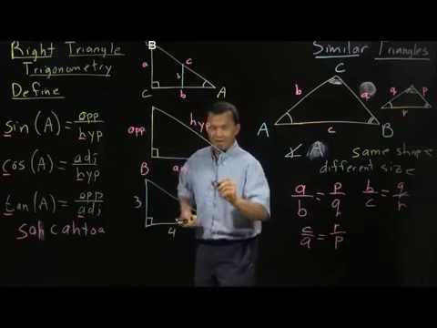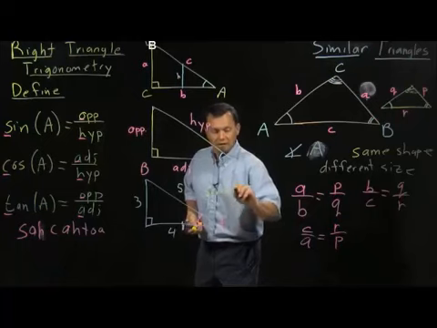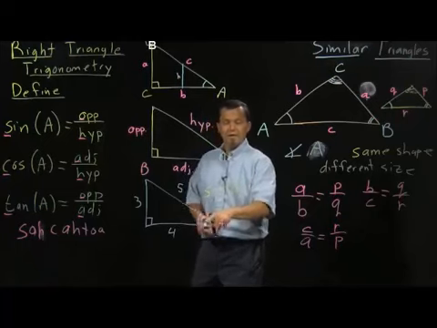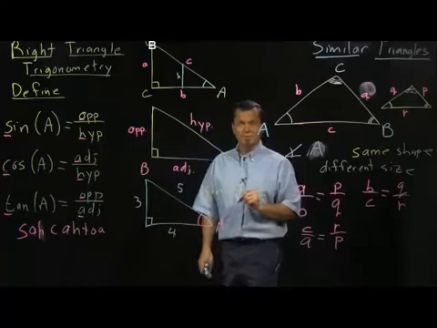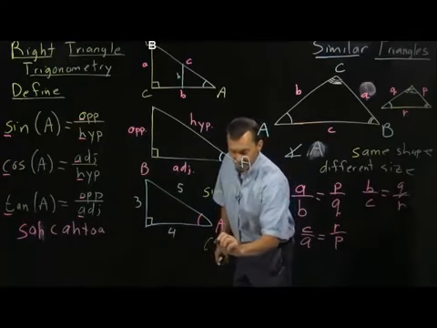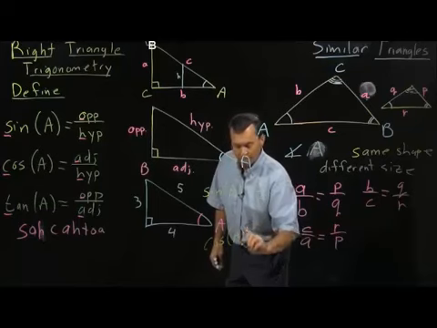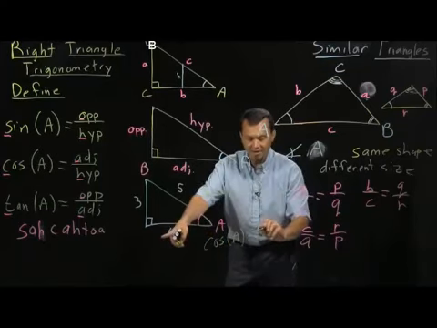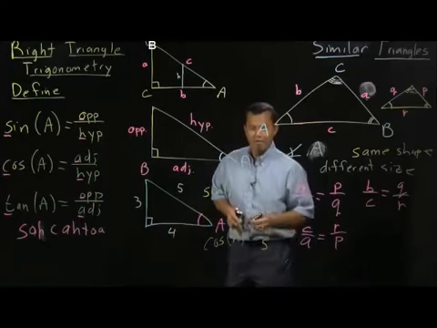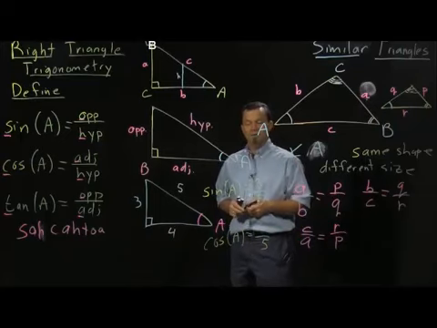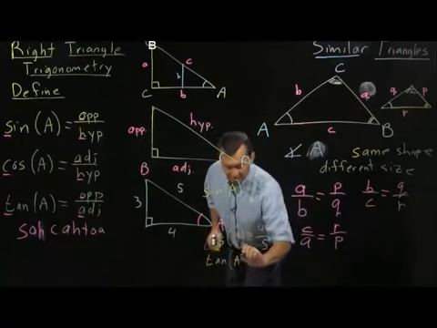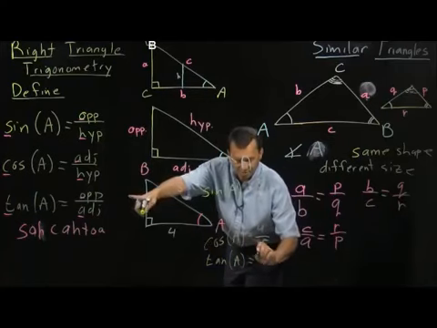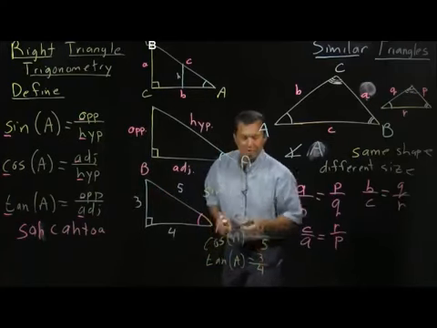So if I want the sine of angle A, sine is opposite over hypotenuse. Okay? Cosine of this angle is the side adjacent divided by the hypotenuse. And lastly, the tangent of this angle is opposite over adjacent.